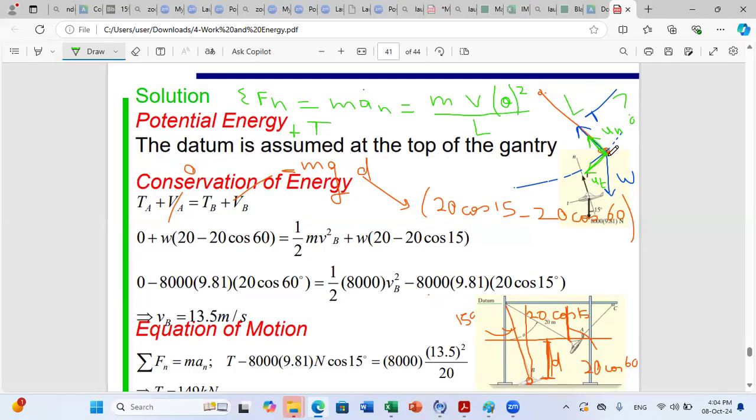According to the figure, theta is the angle between the vertical and the cable. So when I project W along UN, I get minus W cosine theta.